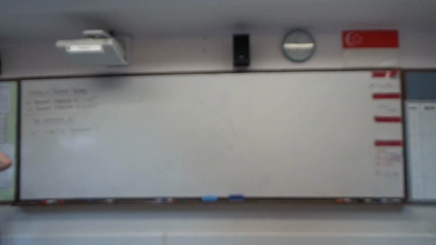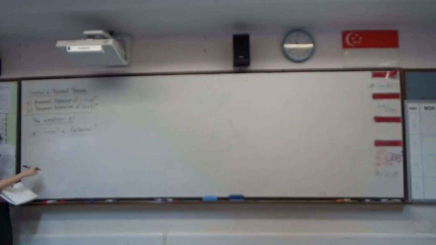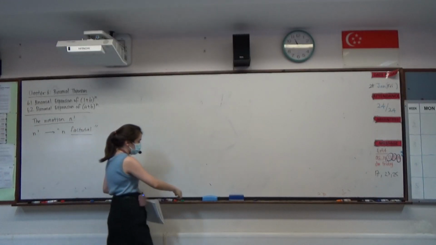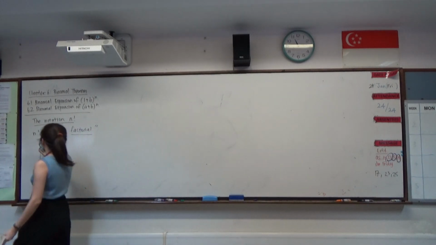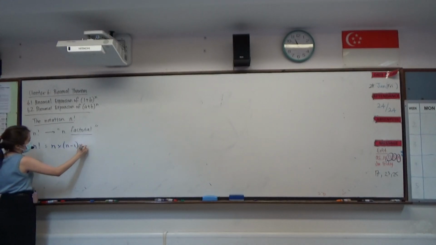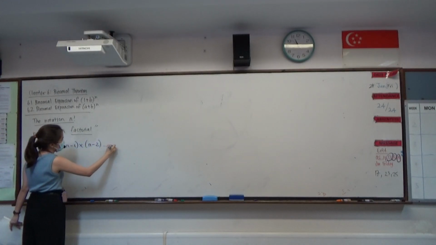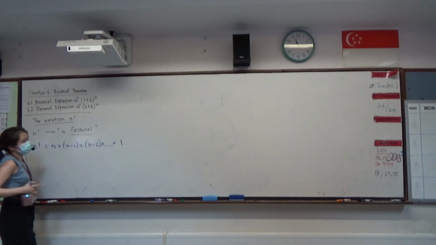It's called n factorial. So what does this actually mean? n factorial is a value itself, which is n times n minus 1 times n minus 2, going down the multiplication to 1 itself.